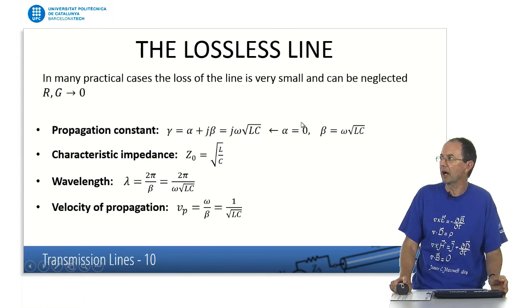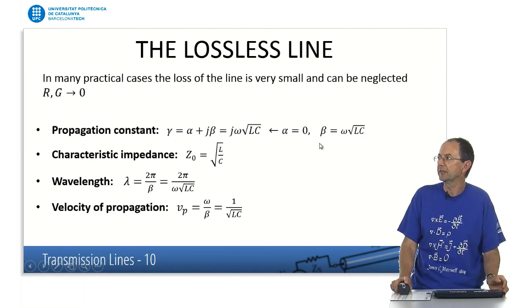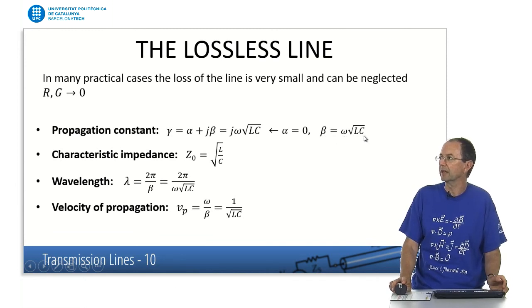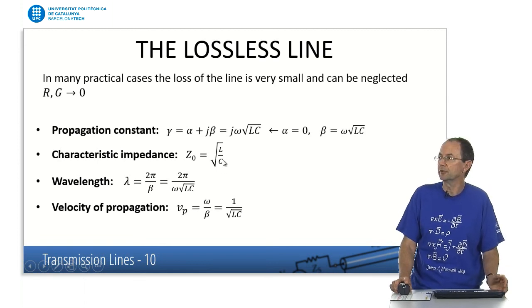In this case, alpha, which models the losses, is 0 because it's a lossless approximation, and the beta parameter contains the frequency and the product L and C. The characteristic impedance of the line is a real number, which is just the ratio between L and C parameters.